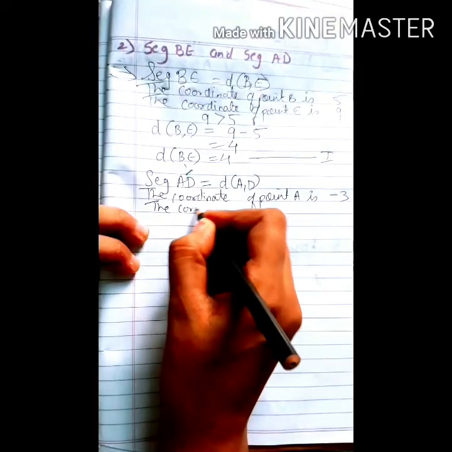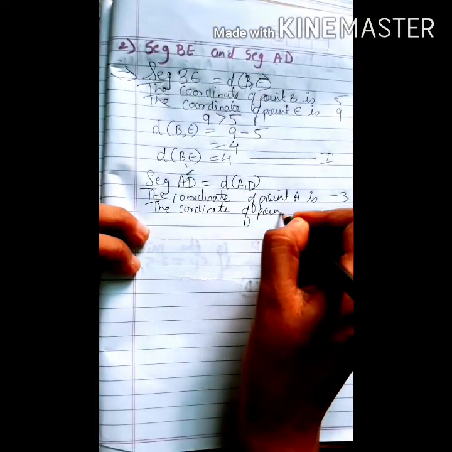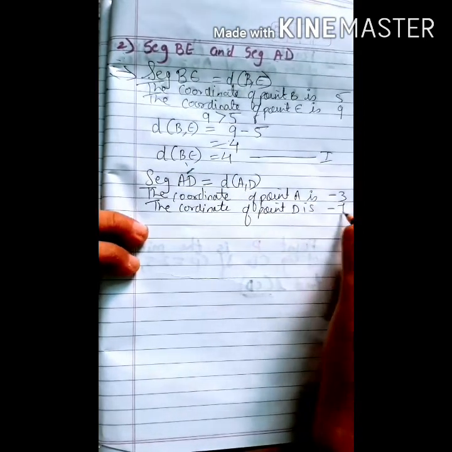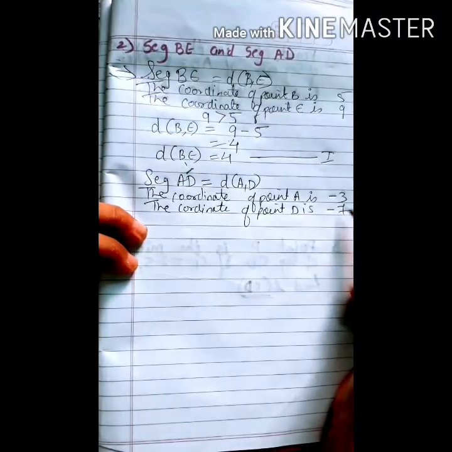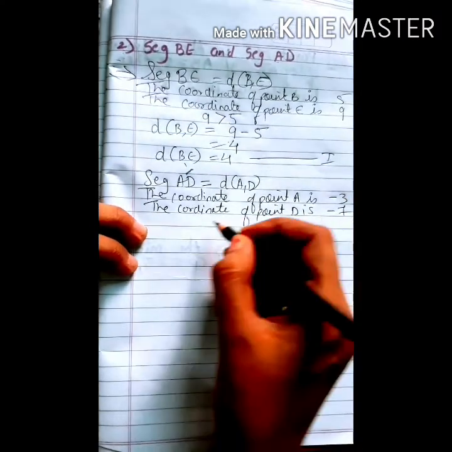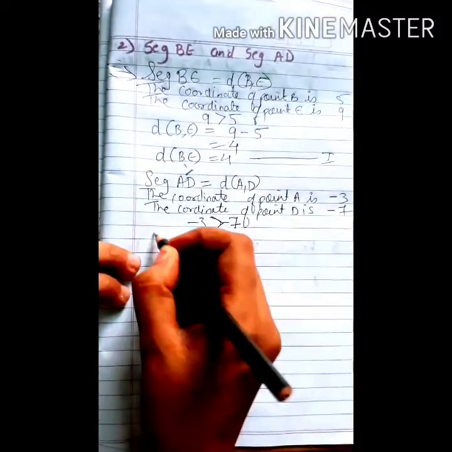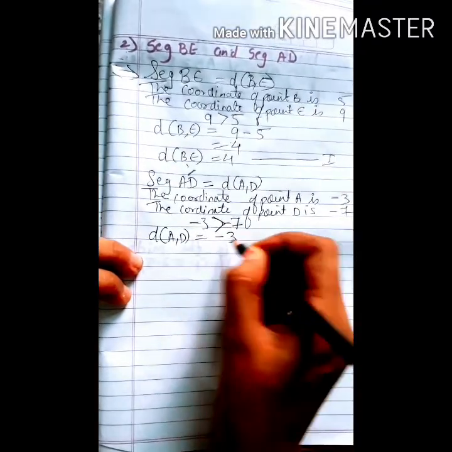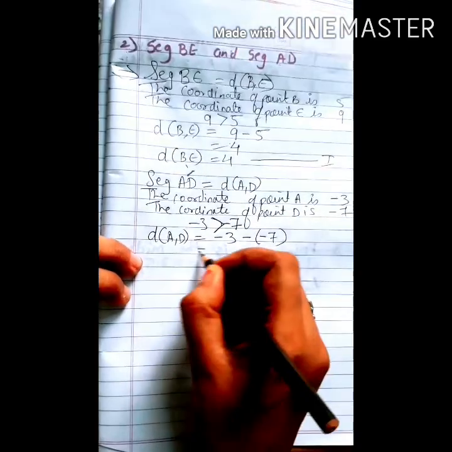The coordinate of point D is given how much? Minus 7. Now from among these two numbers, minus 3 is greater than minus 7. So distance between the points A and D equals minus 3 minus the bracket minus 7.